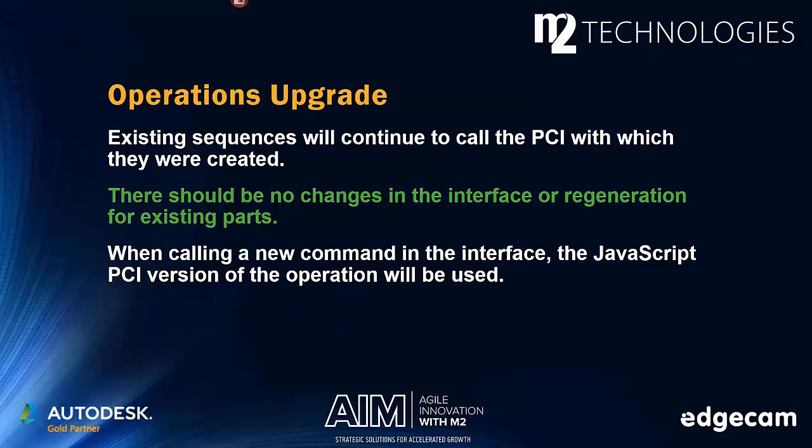There will be no change to either the software interface or the toolpath regeneration for existing parts. But if you go to create a new roughing operation, for example, or a new chamfering operation, you may see some different things happening because it's using the new operations for those. So again, just making sure that the technology upgrade doesn't impact the proven parts the customers already have, and also gives them flexibility to move forward.